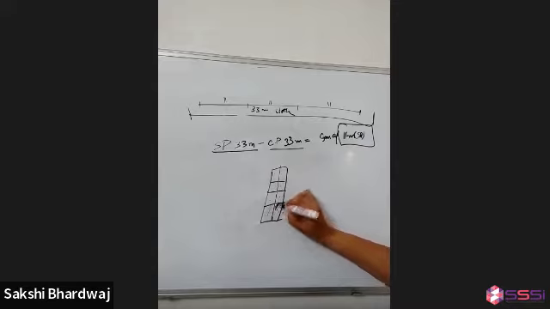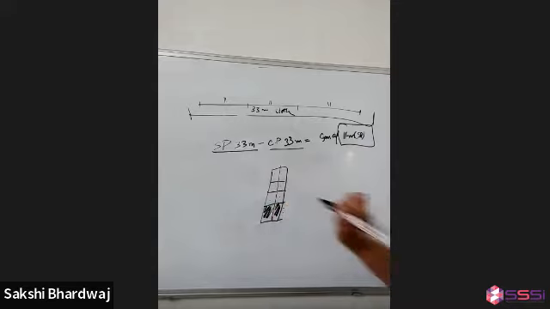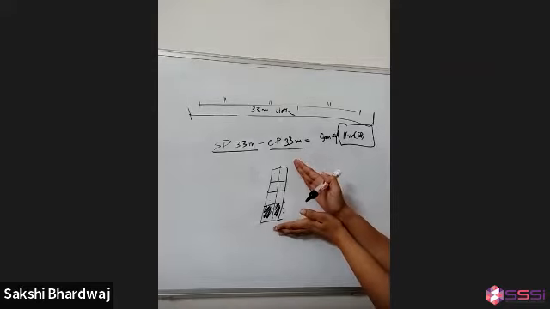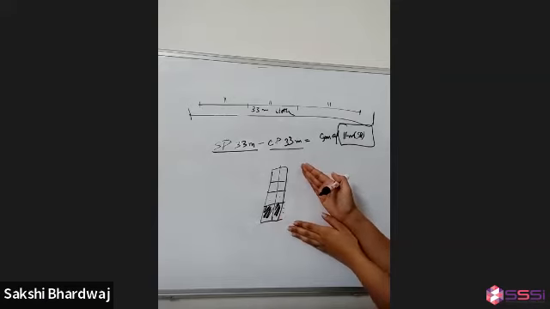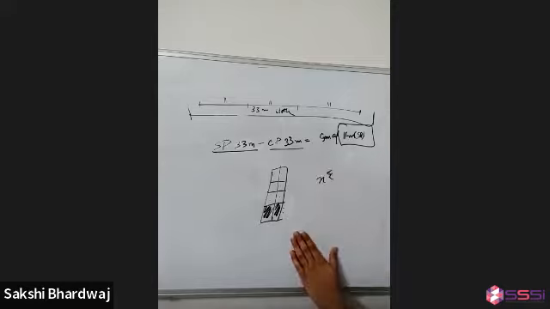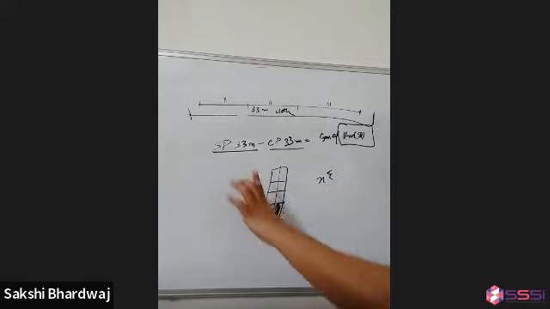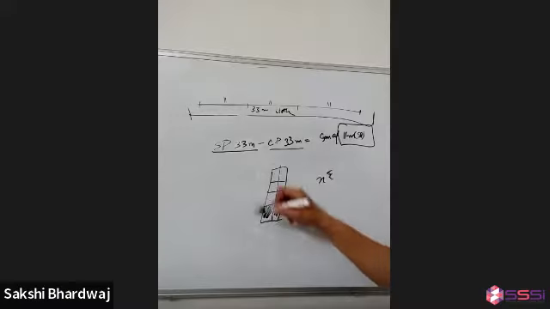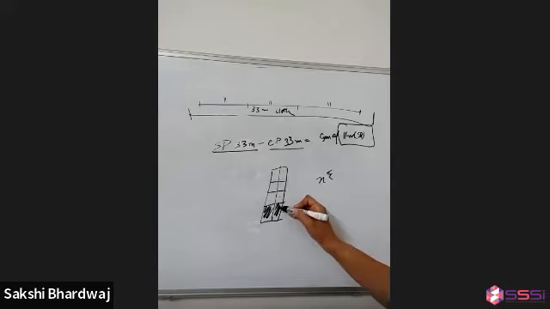This one and this one. That means whenever you bought 8 of them, and how much you invested, let's say X rupees, cost price. In X rupees, you bought 8 of them. And when you sell them, you got these 2 as a profit.